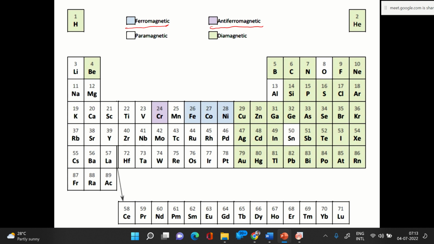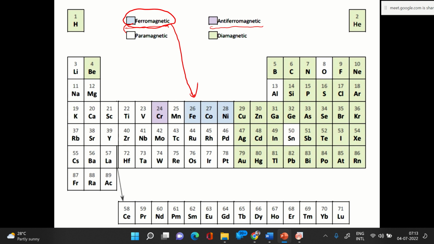When you talk of magnetic property, if you have a magnet that you see in daily life, and it attracts other pieces of iron or something like that, those are ferromagnetic. That property is ferromagnetic, and you will see that there are only three ferromagnetic elements in the entire periodic table.